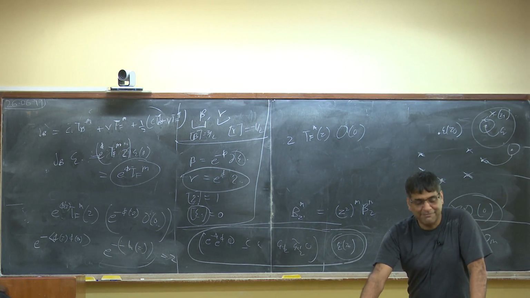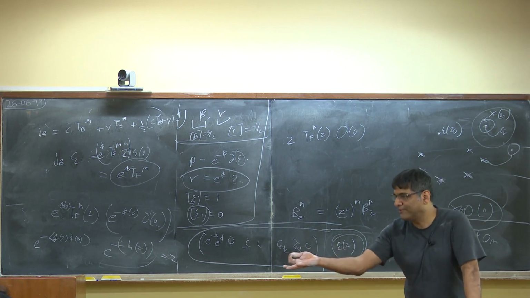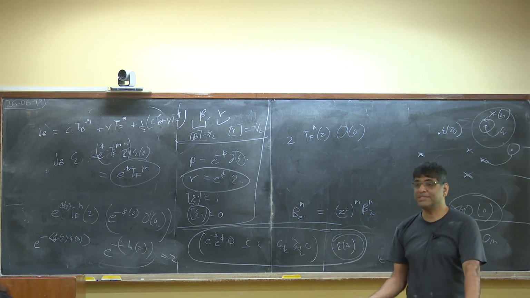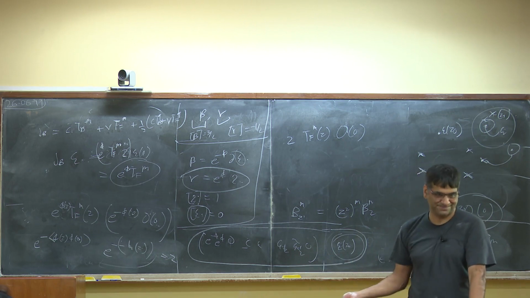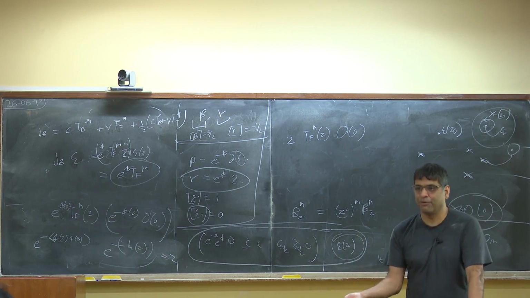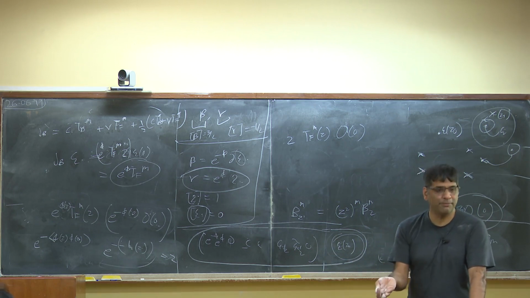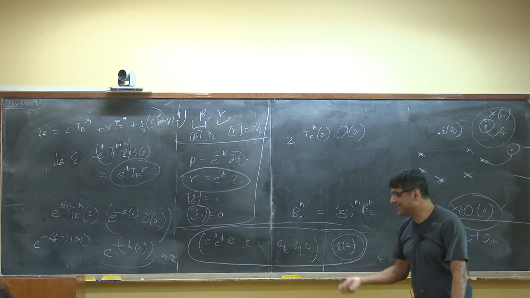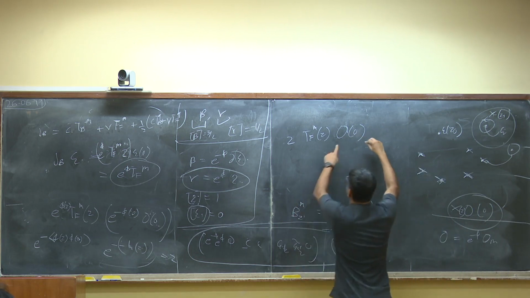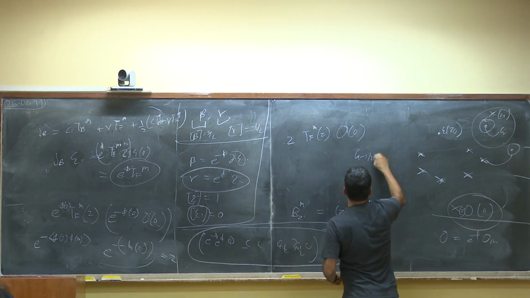Well, in fact, firstly, TF with O, where O is any primary operator, has no singularity that's worse than a pole. And it does have a pole, which is given precisely by the action of G minus half on O.